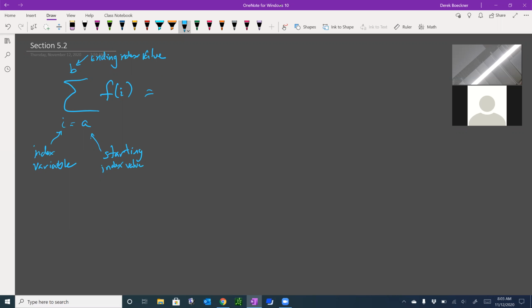And this just means we're going to take f of a plus f of a plus 1 plus f of a plus 2 plus ... plus f of b minus 1 plus f of b. So I'm going to add up for each index value between a and b inclusive. I'm going to put that index value into the function, and then I'm going to add up all of those different values that I get out. Make sense?